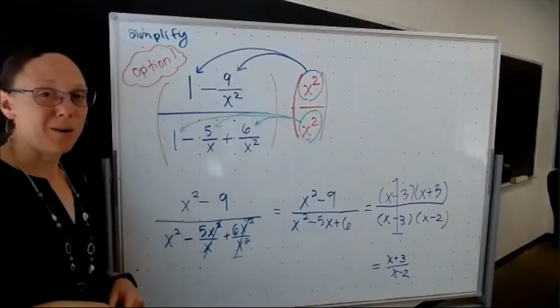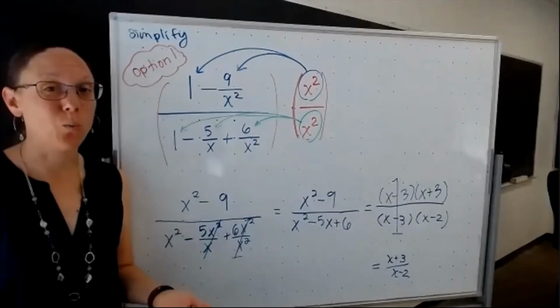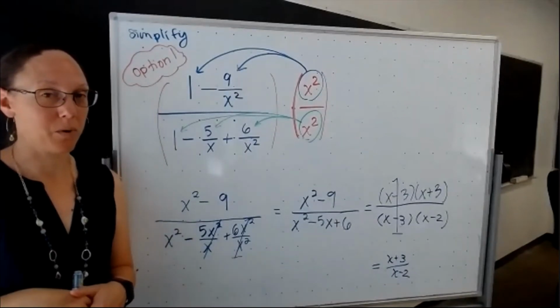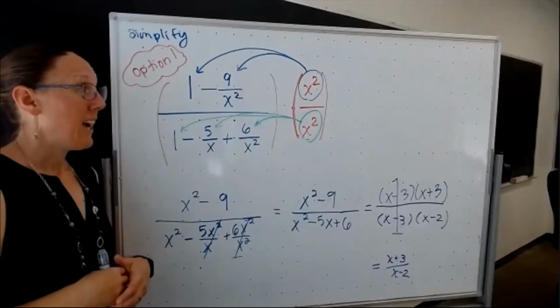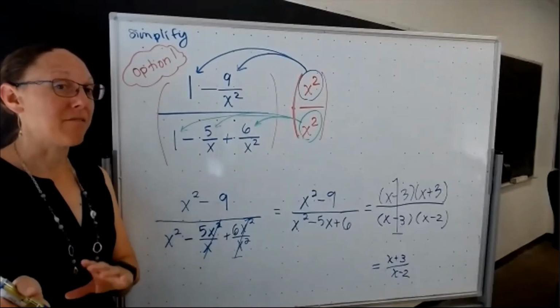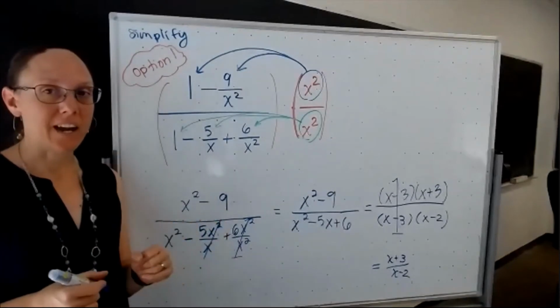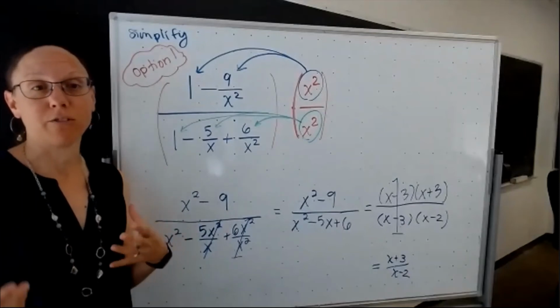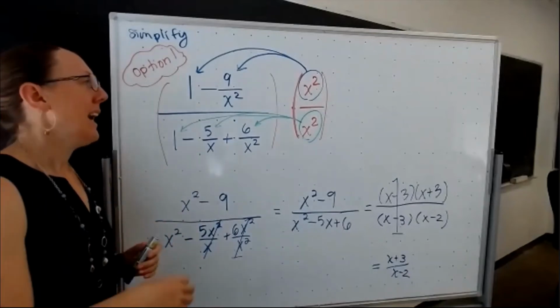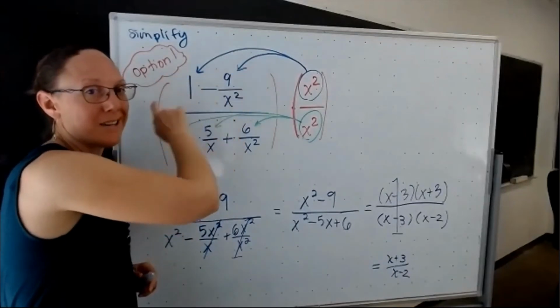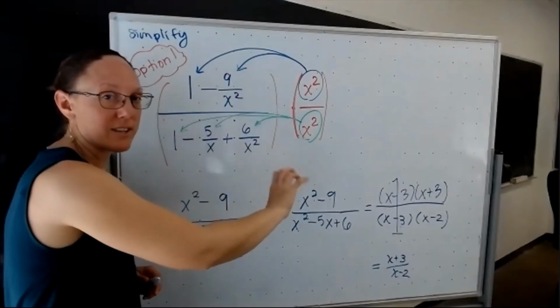Way up here at the top, I said that this was just one option we have to work through the problem. I happen to think that this is the faster option anytime that we've got these compound fractions, meaning I've got fractions divided by fractions.